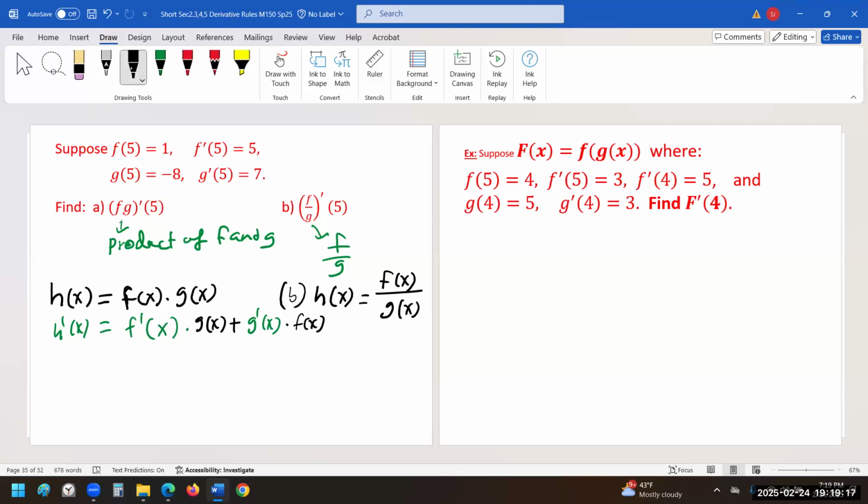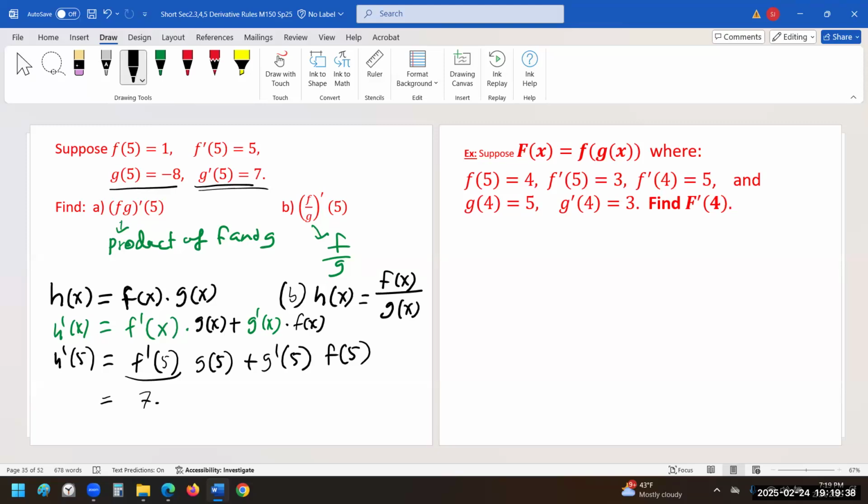So h prime of 5 is derivative of f at 5 times g of 5, plus derivative of g at 5 times f of 5. So f prime of 5 is 7. G of 5, oh, sorry, my bad.